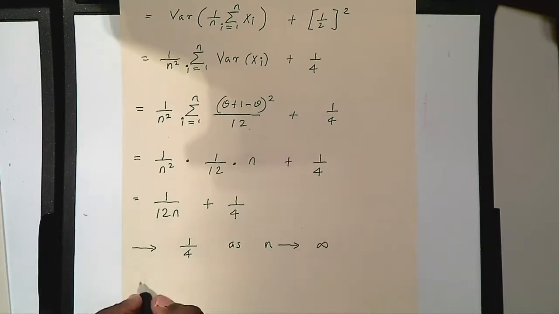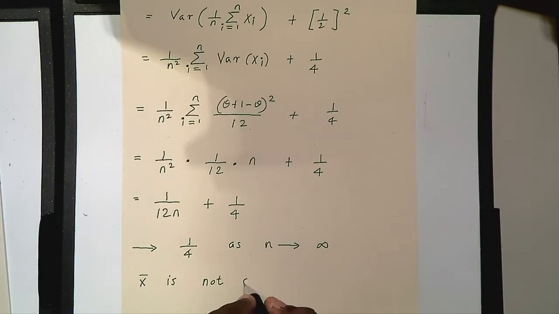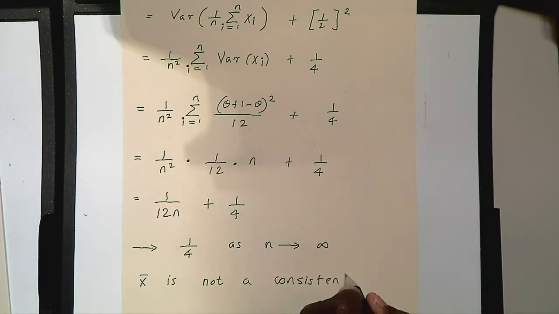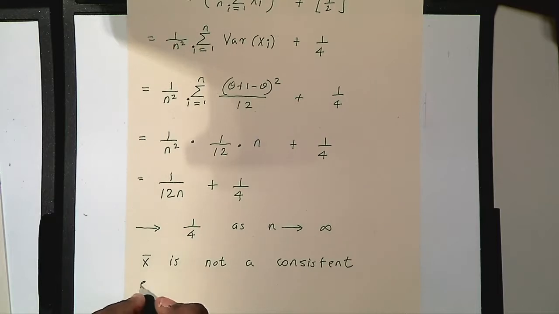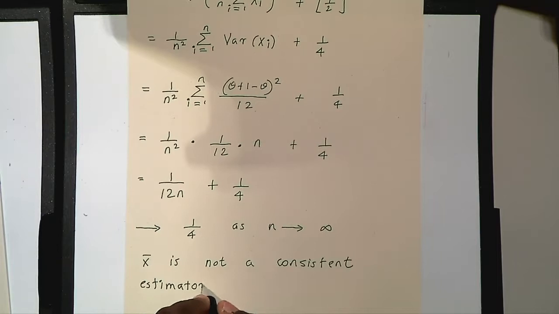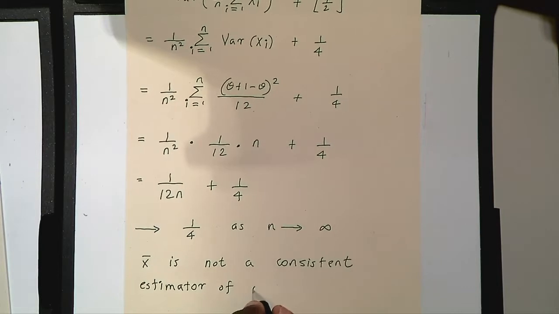So what it means is that X bar is not consistent. You follow me? Right, so remember, for an estimator to be consistent, the MSE must approach 0, right? Okay, which is not the case here, right?